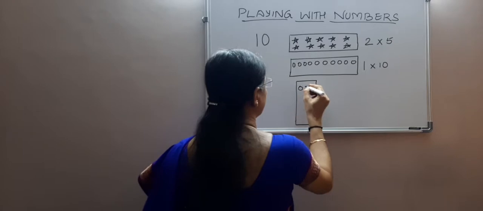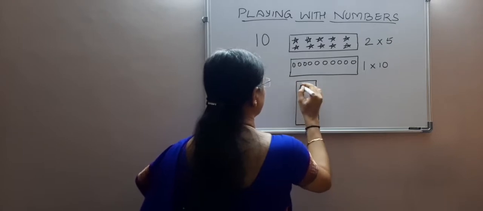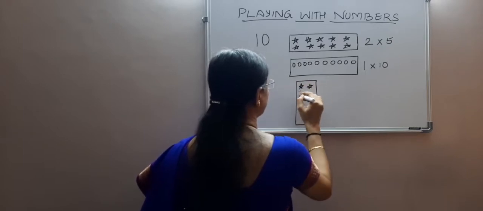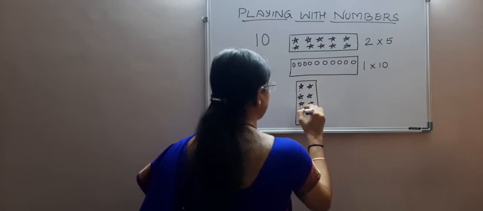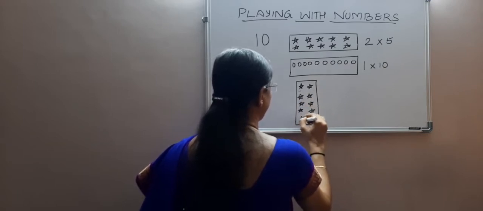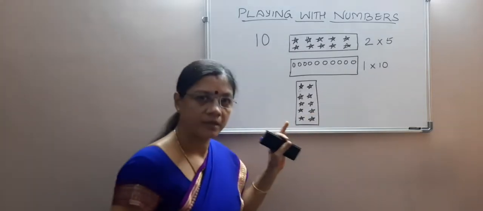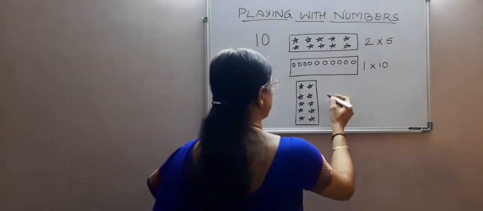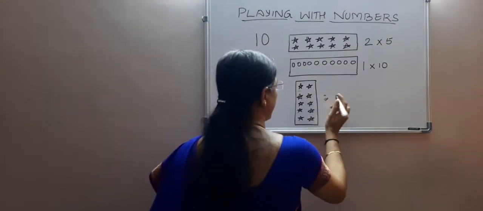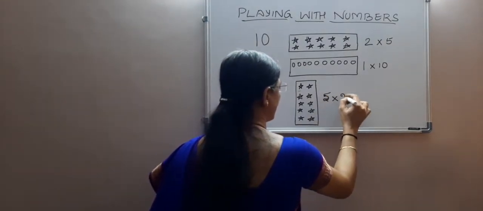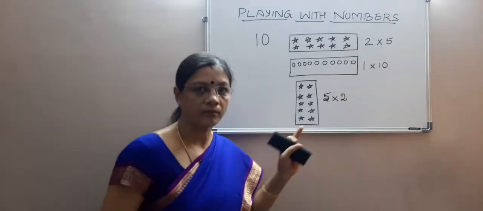See, 1, 2, 3, 4, 5, 6, 7, 8, 9, 10. Now this also represents 10, isn't it? Now the 10 stars are arranged in 5 rows so that each row occupies 2 stars.